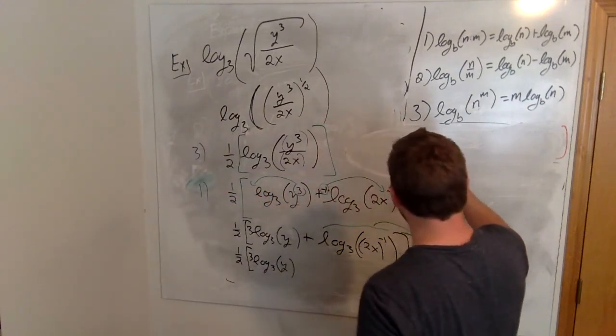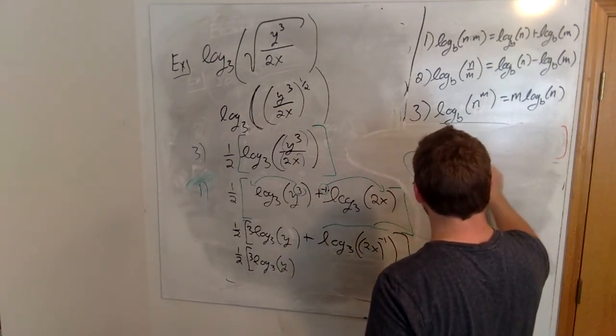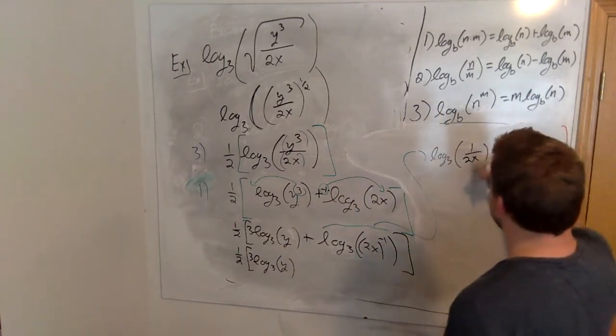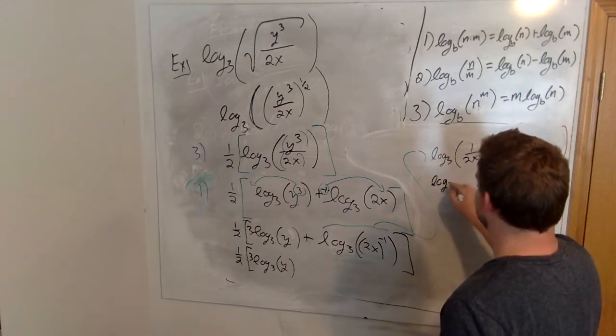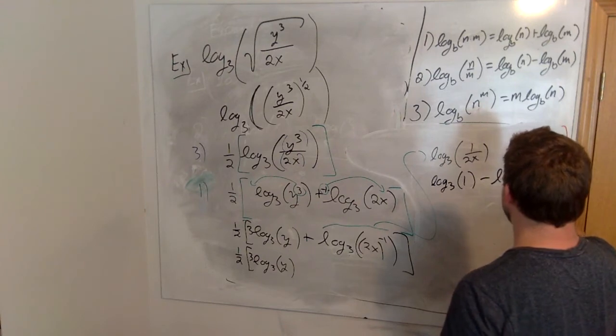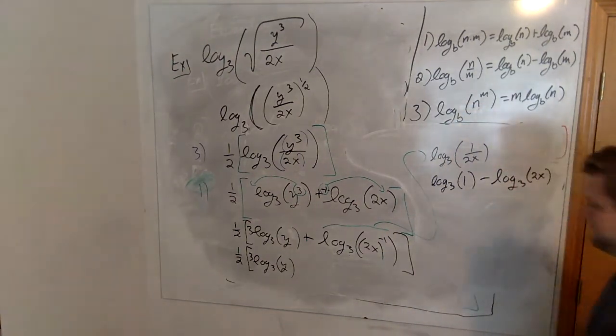And this piece right here, we have log base 3 of 1 over 2x. This is equivalent, since I have a division, to log base 3 of 1 minus log base 3 of 2x.